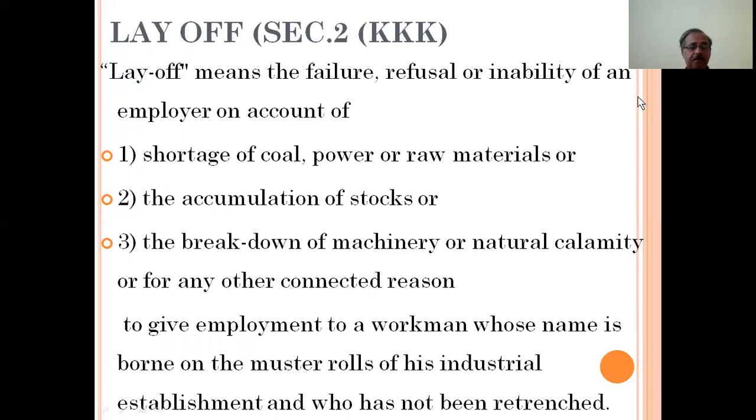So due to the inability of the employer, mainly due to unforeseen reasons which are beyond the control of the employer, like natural calamity or breakdown of machinery or shortage of coal, power or materials or accumulation of stock, the employer is unable to provide employment to the workman whose name is borne on the muster rolls of his industrial establishment and who has not been retrenched during the period of such layoff.